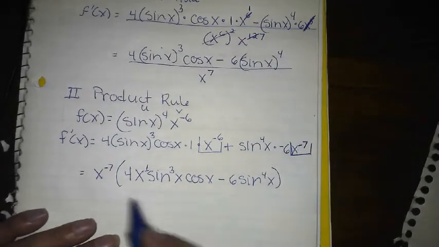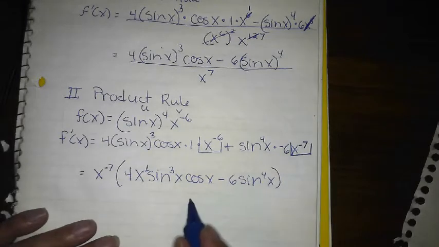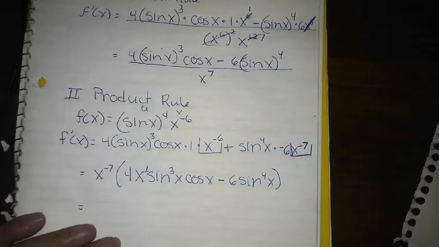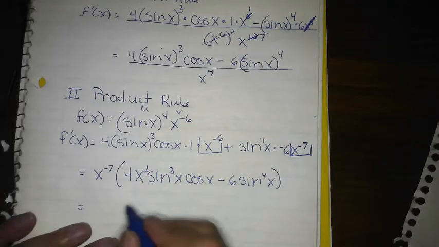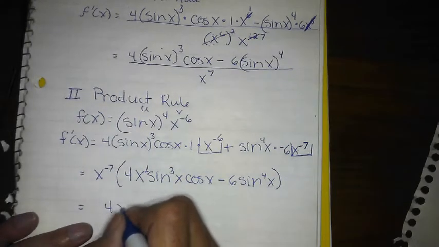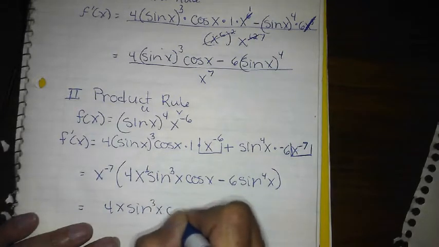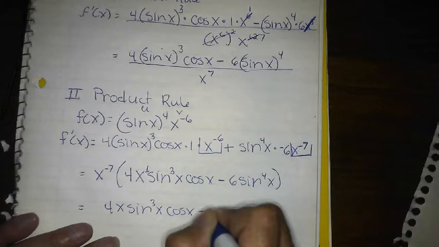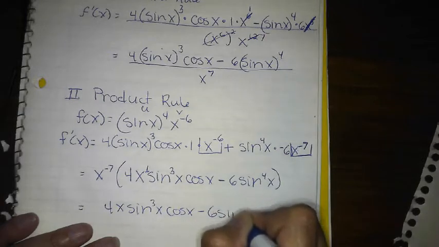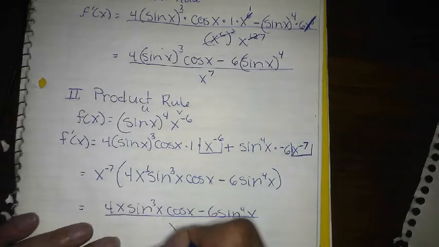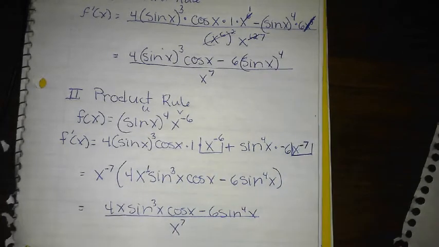So then last step is to kick that to the bottom, and we should match perfectly with what we have up there. So we'll have 4x sine cubed x cosine x minus 6 sine to the 4th. And bringing them down, making it happy. And the two answers match perfectly.